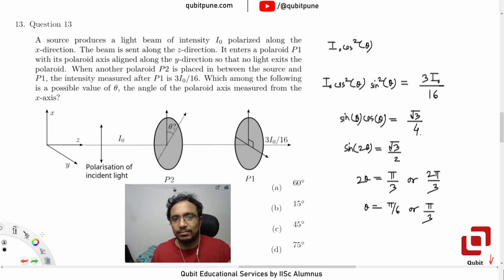पहले तो वो analyser law है, तो वो emerge नहीं करेगा अगर ये polaroid absent रहेगा तो. Okay, so what I have done is I first found out the intensity of the light after P2. Can I call it I0 cos squared theta? Yes, by Malus's law.